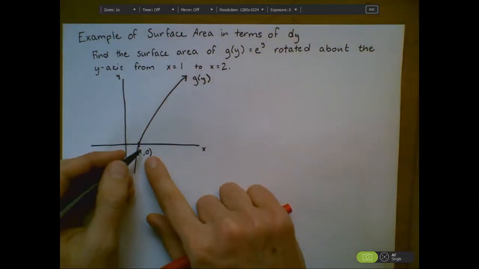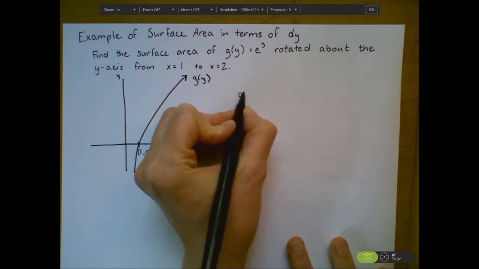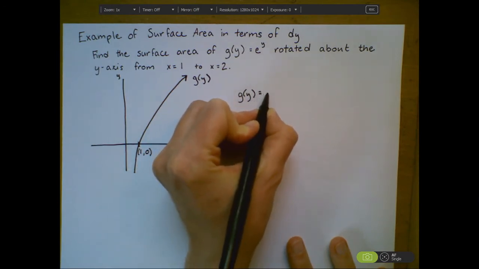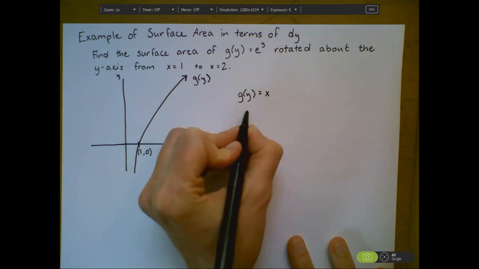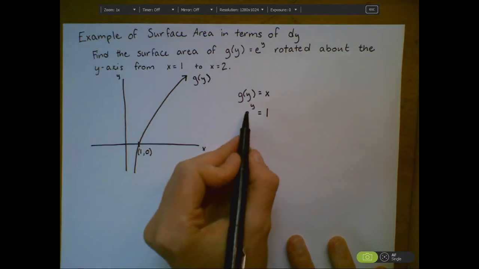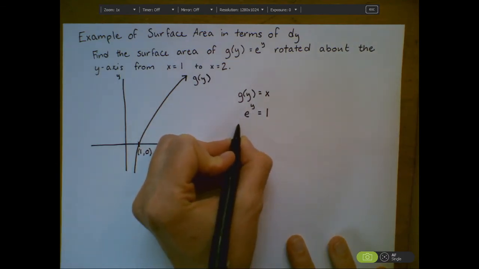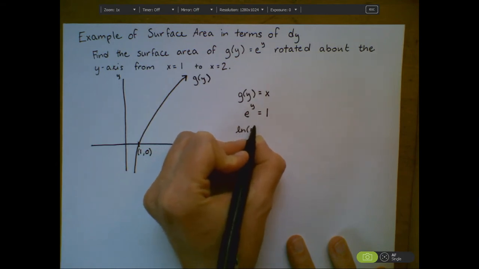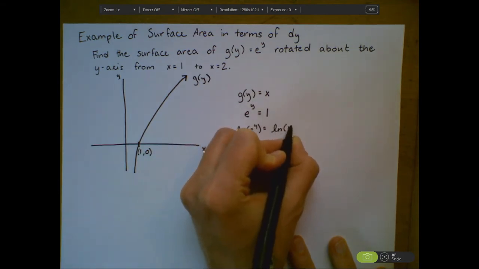So let's see what happens when x equals 1. g of y is x. So when g of y is equal to x, when is e to the y equal to 1? In order to solve for y, I'm going to take the natural log of both sides, and the natural log of e to the y is just y, which is the natural log of 1.